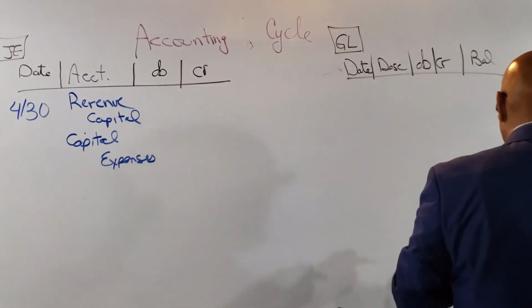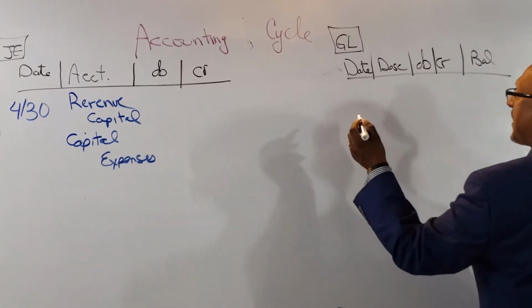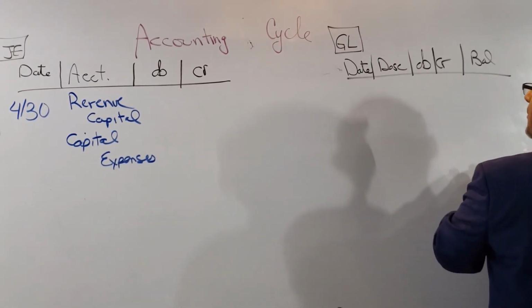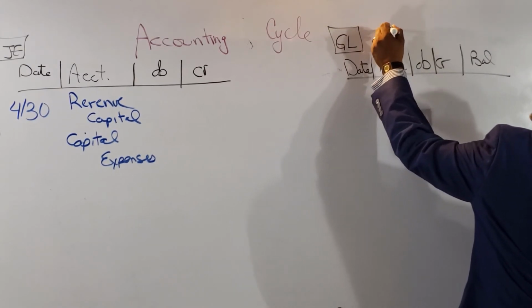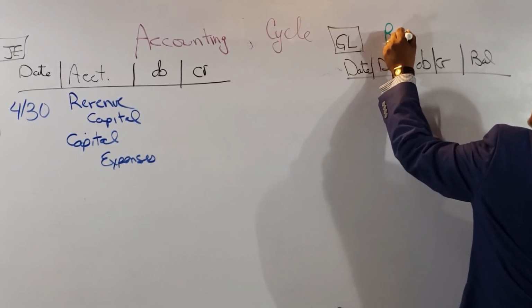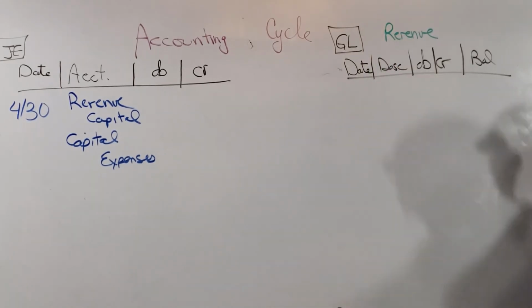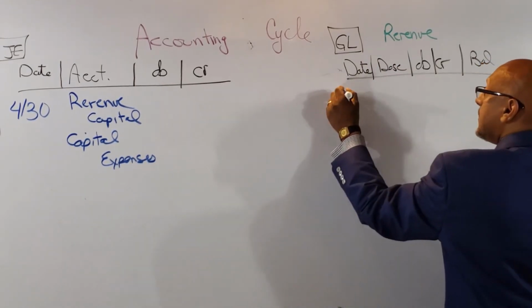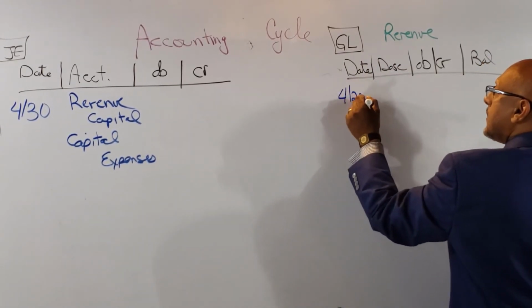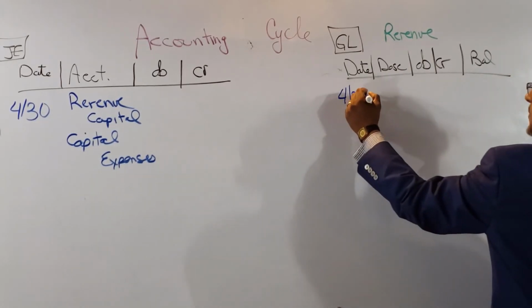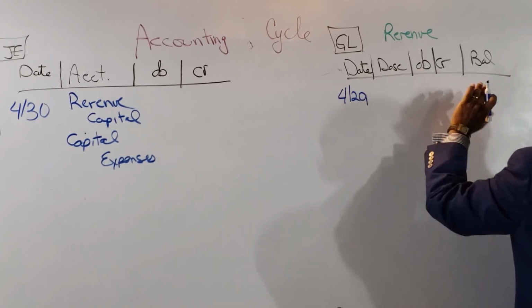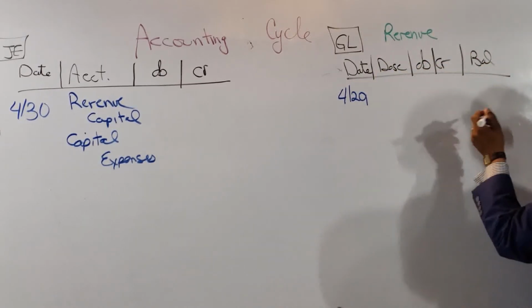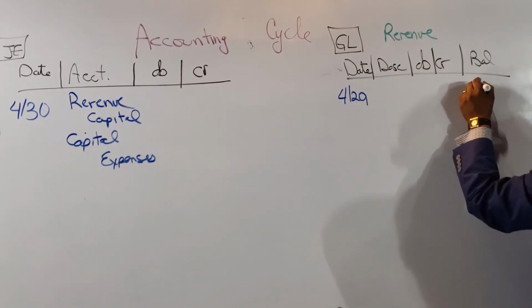What does it look like from a GL perspective? On 4/29, we had a transaction that credited it, and let's forget about the description, but the balance of the revenue account was $100,000.